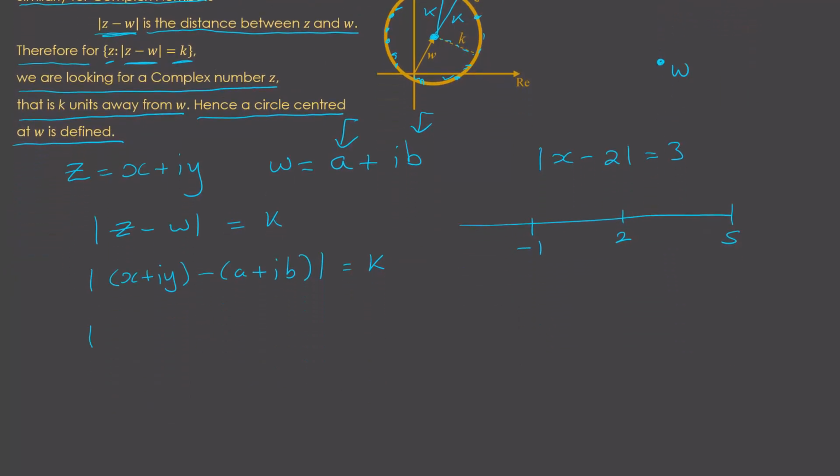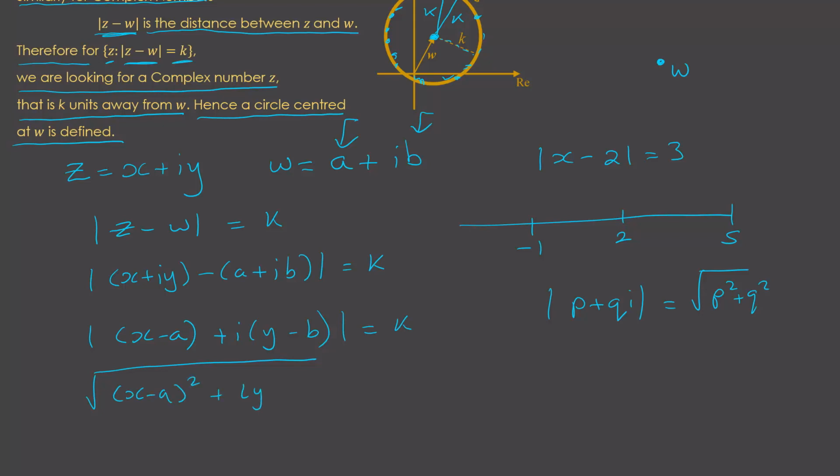So that gives me the modulus of x minus a plus i times y minus b, that's collecting up the real and imaginary parts, is equal to k. Well, we know that the modulus of a complex number p plus qi is just the square root of p squared plus q squared. So we have the square root of x minus a squared plus y minus b squared is equal to k.